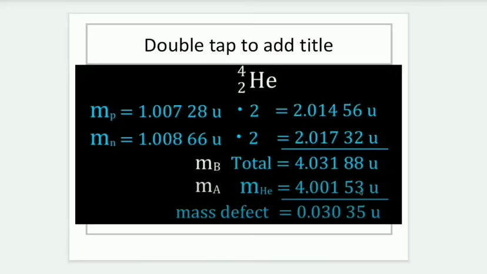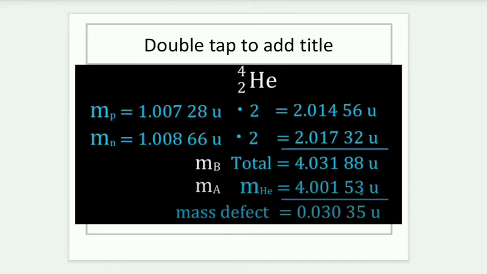So we can go to the actual data. In the case of a helium nucleus, there are 2 protons and 2 neutrons. The mass of one proton is 1.00728 units, and there are 2 protons inside it, so into 2, that is 2.01456 units.